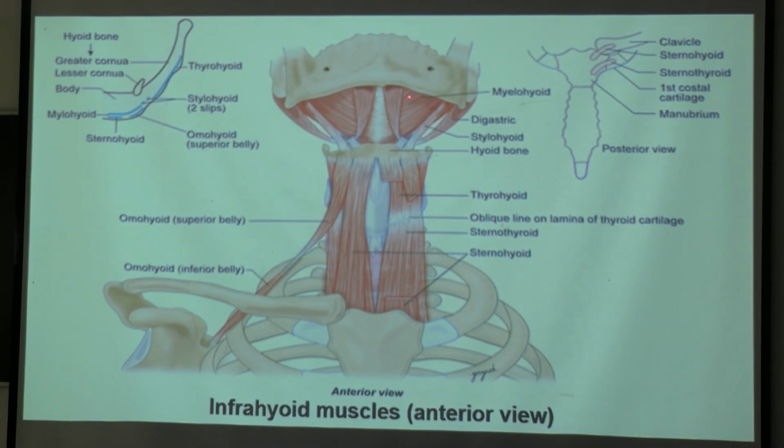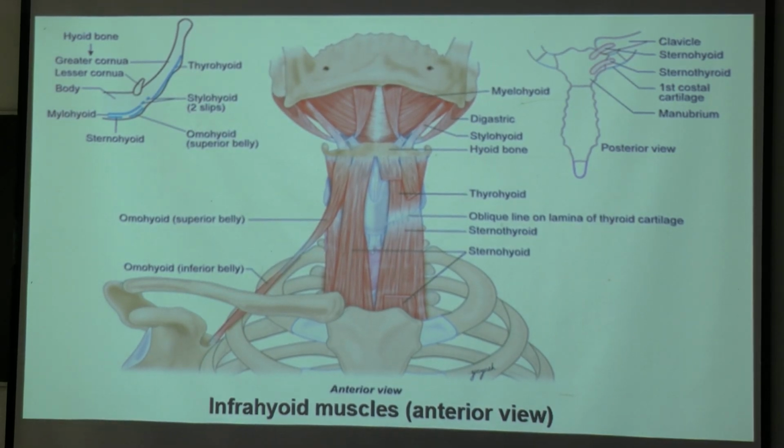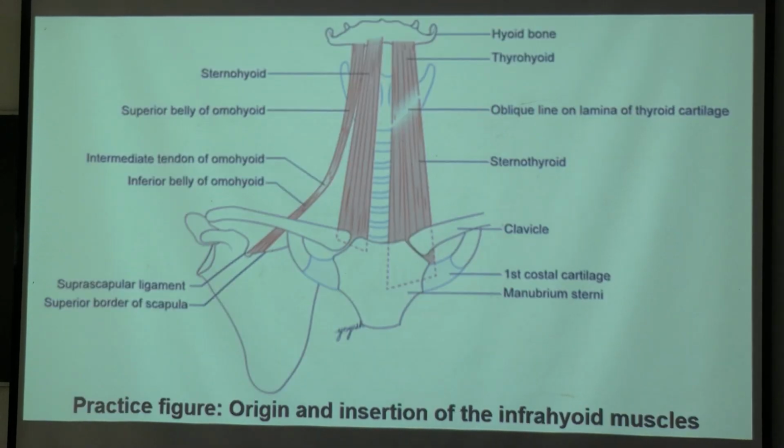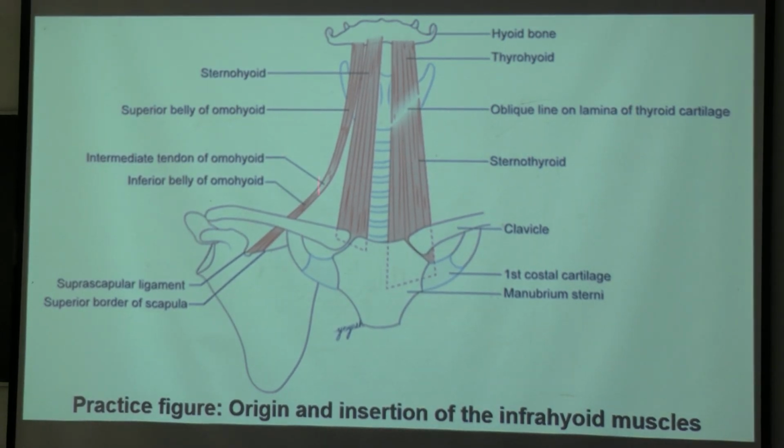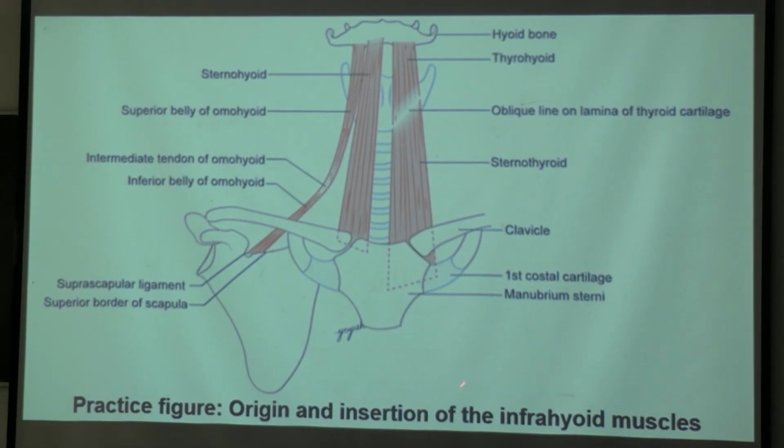So sternohyoid, sternothyroid, thyrohyoid and omohyoid. Okay. All these four muscles are included in the infrahyoid group of strap muscles. The schematic diagram you can practice like this: omohyoid, sternohyoid, sternothyroid, thyrohyoid. Okay.